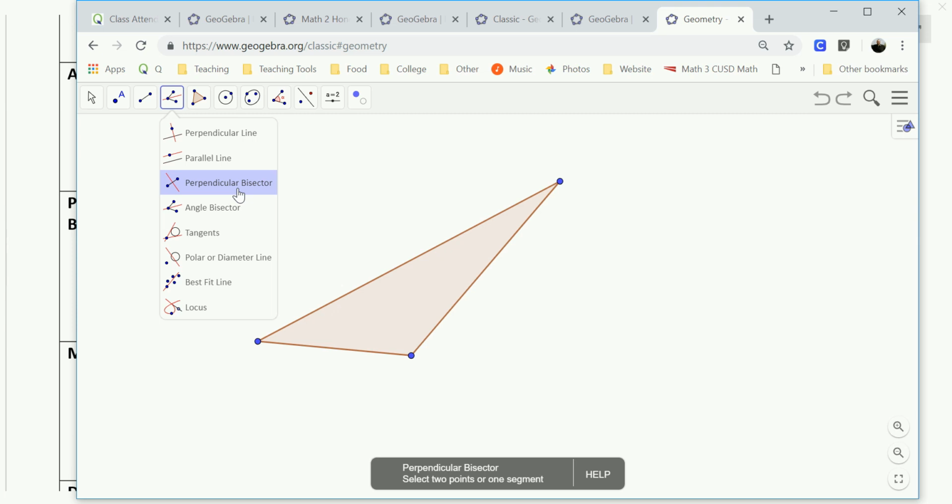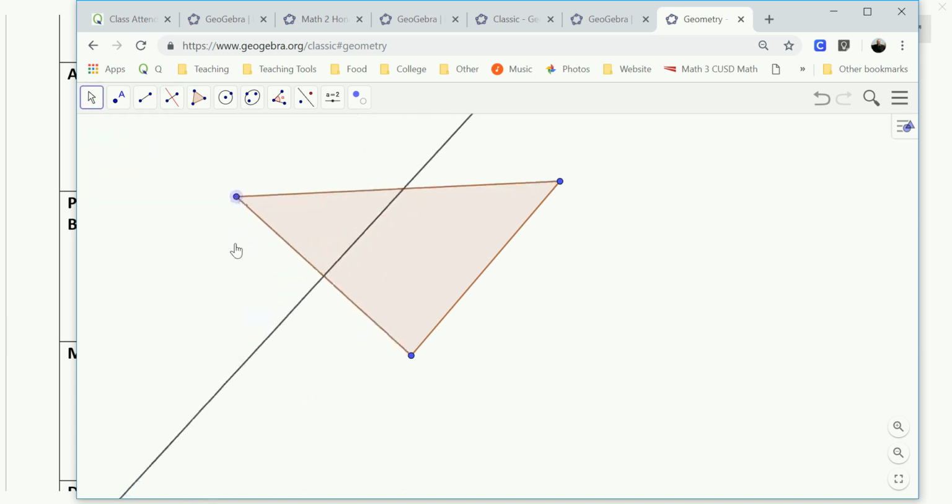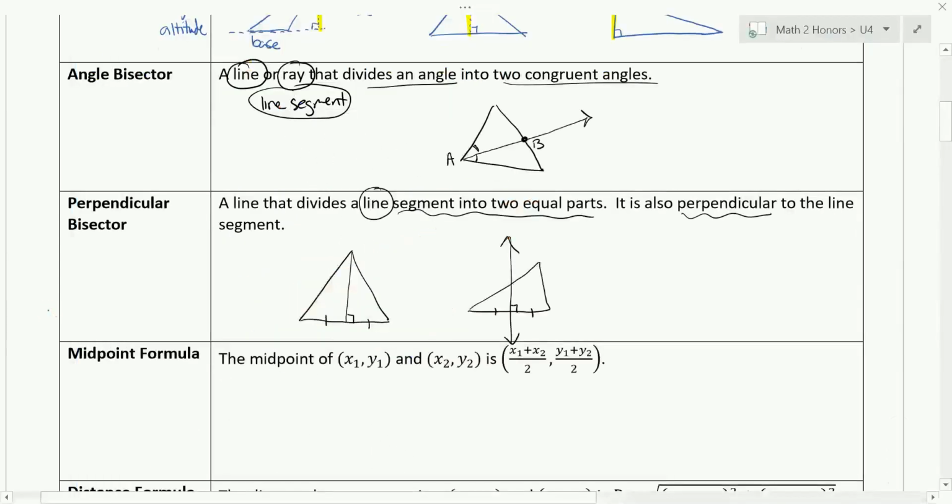And so I could select that, and I could select the segment I want right there. So that's a perpendicular bisector, cutting that segment, and it's always perpendicular to that segment, no matter how I move that triangle around. All right, there we have it. Okay, so that's the new stuff for today right there.